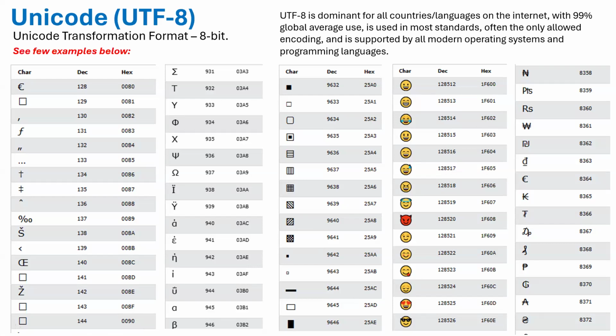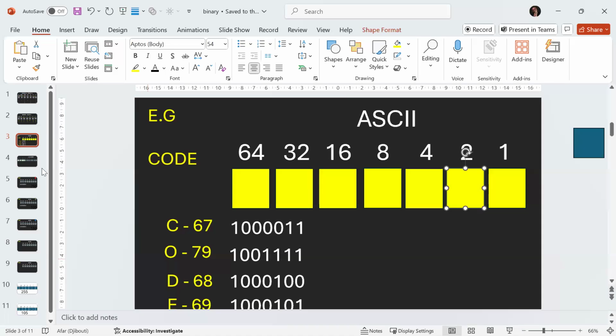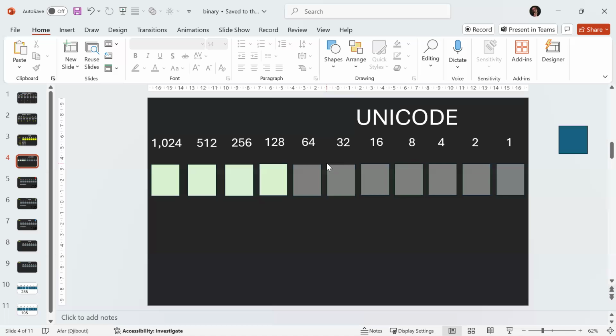So, ladies and gentlemen, this is what we now have. Let me just give you an example. So if you come to this now, you see that in Unicode there are some of these boxes that are now colored differently. So when you add a single box, you have added more possibilities. That's what I'm trying to say. You are going beyond the 7 bits. Remember, we defined bits. Each of these boxes is a bit.